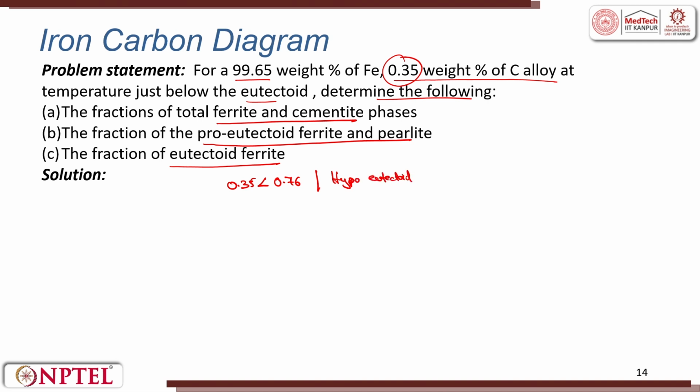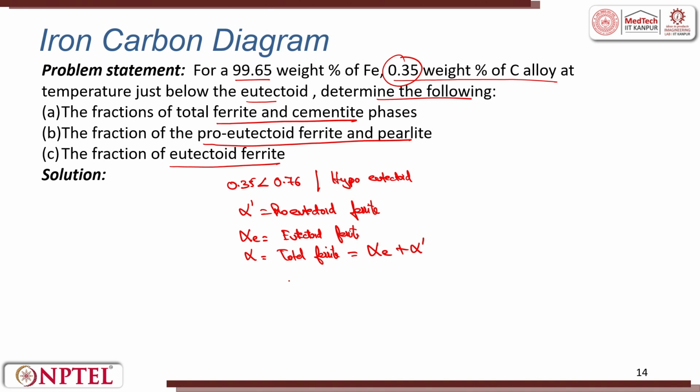So, in the case of hypoeutectoid steel, the final microconstituents we can get are alpha dash, that is proeutectoid ferrite, alpha E, that is eutectoid ferrite, then alpha, that is total ferrite, which is the sum of the above two, alpha E plus alpha dash. Then we have cementite.